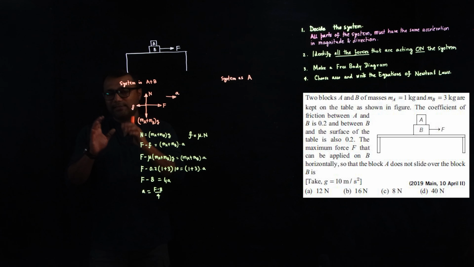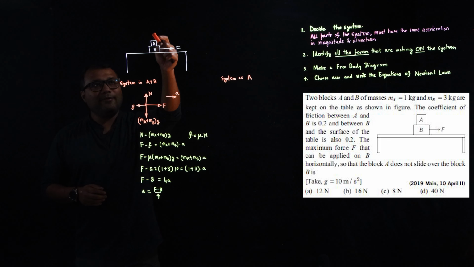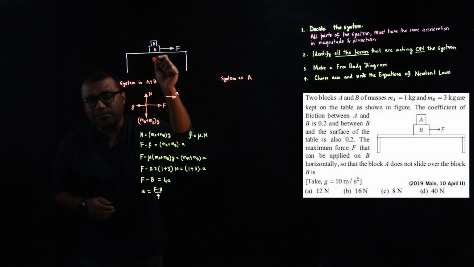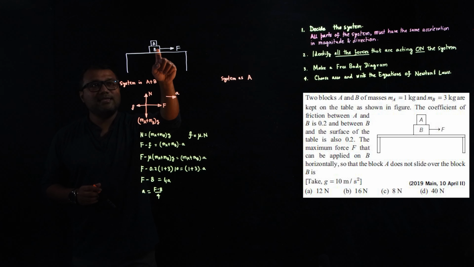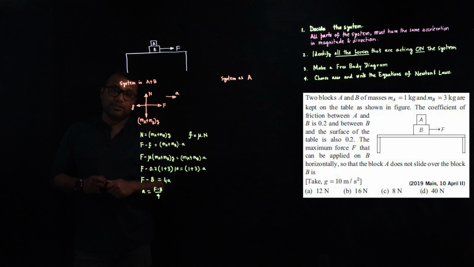Okay, but here is a catch. If B is accelerating and if my frame of reference is B, listen to this carefully, then B cannot be an inertial frame of reference.